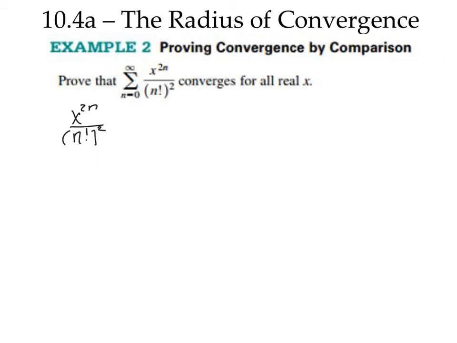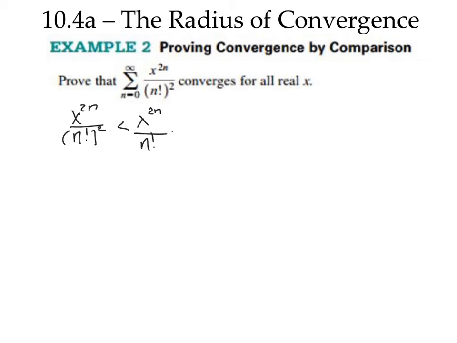X to the 2n is always x to an even power. That's got to be positive or 0 at the worst case, and n factorial squared, of course, is going to be positive. Now, this is term by term beneath x to the 2n over n factorial, because the denominators in the second one are, in fact, smaller, which makes the fraction value larger.